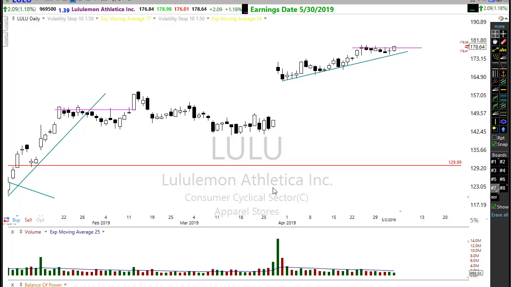So what I want to do on this gap and go, I see that stock that pops. I want to watch this pullback carefully. And particularly if I get a nice big candle like that on the gap, I want to make sure when that stock pulls back that it holds the low of that candle.